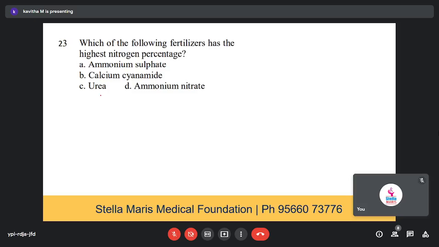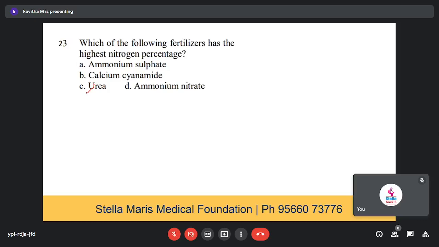It is urea. The percentage of nitrogen is high in urea. Generally, urea is the fertilizer used for adding more nitrogen to the soil for the greenery growth of any plant. Urea is needed, which contains a lot of nitrogen.